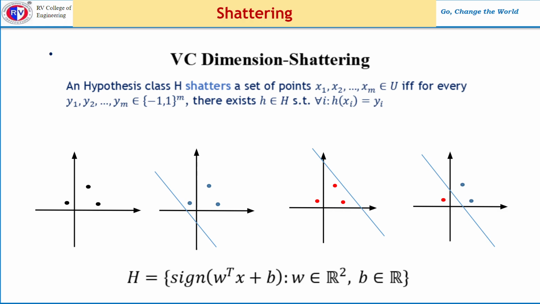For the second figure, if we consider a configuration where all 3 points are red, we can draw a line on the right side of all these 3 points, which puts all 3 points in one direction, which serves our purpose. Furthermore, if we consider one more configuration where one dot is red and two are blue, we can draw one line in between these points, which would separate the blue points from the red one. So the hypothesis space of straight lines seems to work.